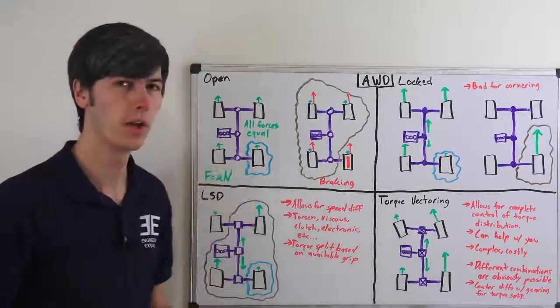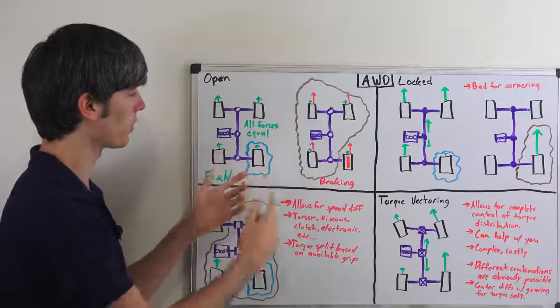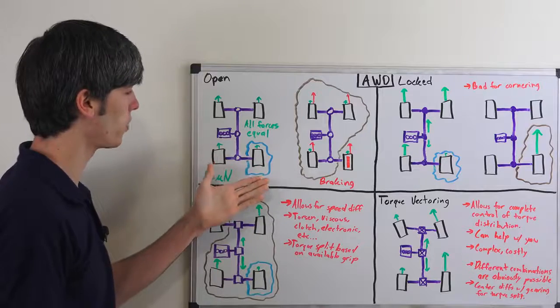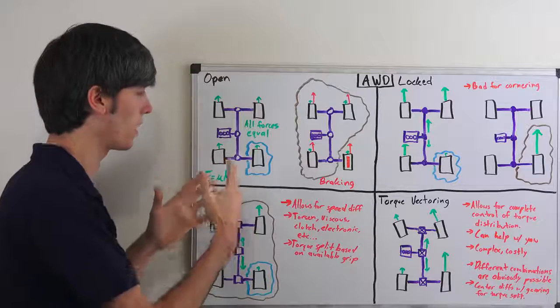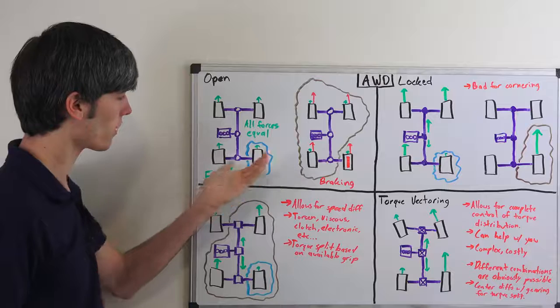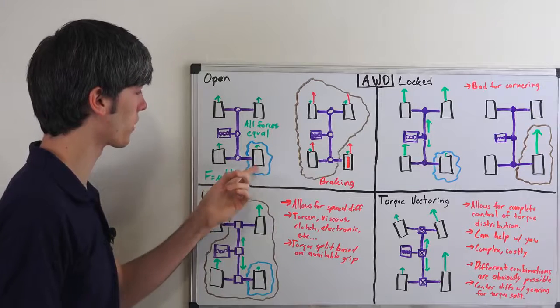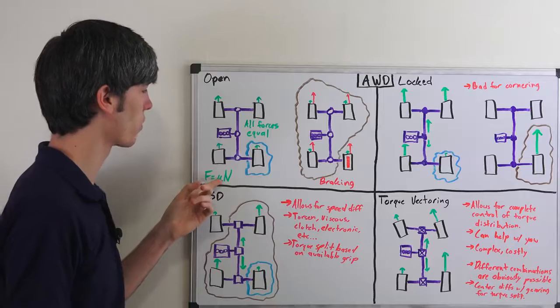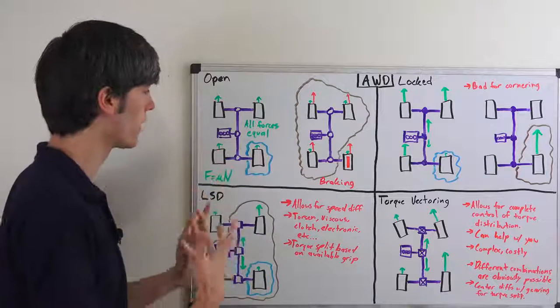goes to each tire. So in a scenario where you have different levels of grip, for example, here we have a tire and it's on an icy patch. Now the amount of grip that this tire has, the amount of force that it can apply as far as forward thrust is going to be equal to the frictional coefficient between the tire and the ice and this normal force. And because it's on ice, this frictional coefficient is very little, so the amount of force that that tire can push the car forward is also very little.